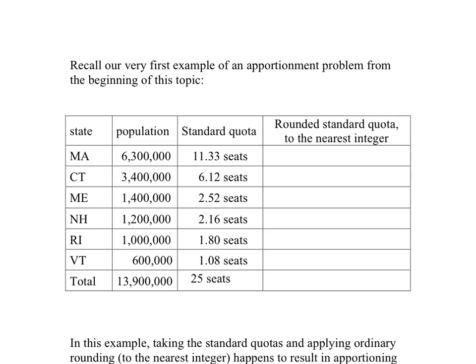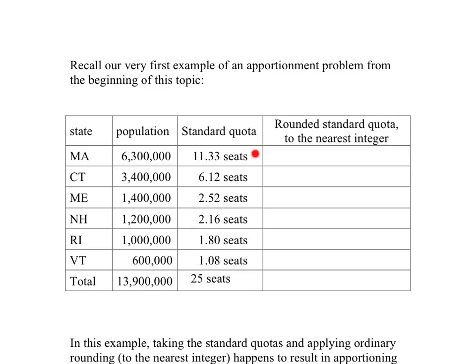So recall our very first example of an apportionment problem from the very start of this chapter. We had these 6 states and their populations, and in the original version of this example, 25 seats. So we computed the standard quotas, and now let's look at what happens if we just round these in the ordinary way.